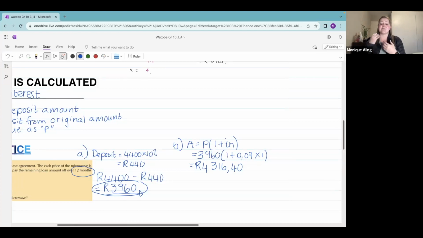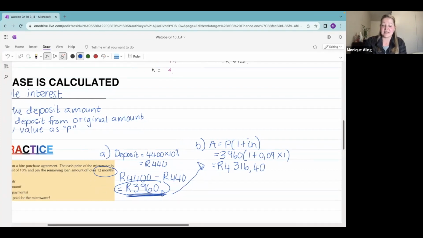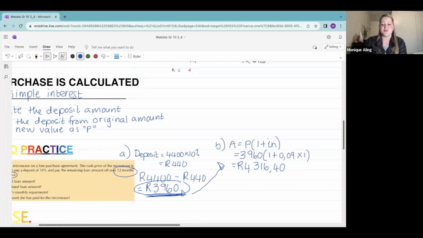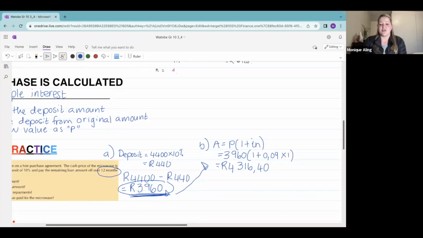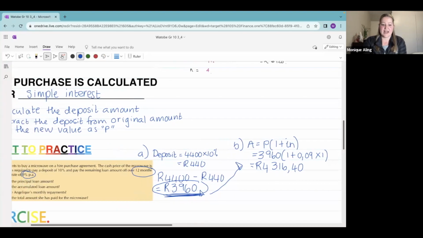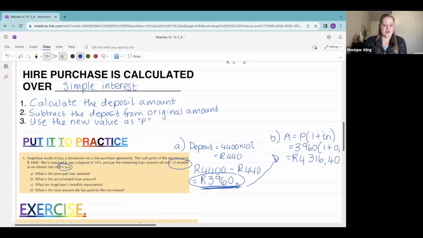Angelique has paid 10%, which is 440 Rand up front, which means she still owed this 3,960 on the microwave, but we've now had to put interest on it because that's what happens when we don't pay in cash for anything. So now Angelique owes 4,316.40 on this microwave, after interest has been added.